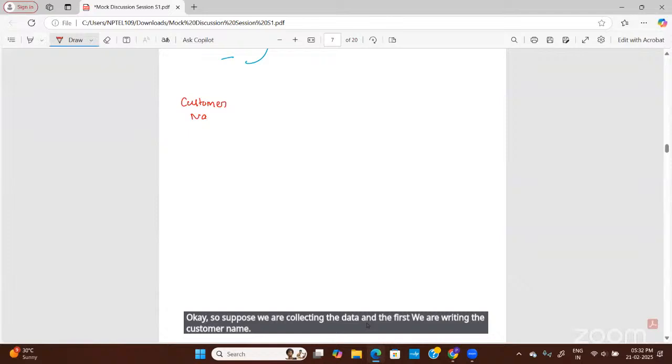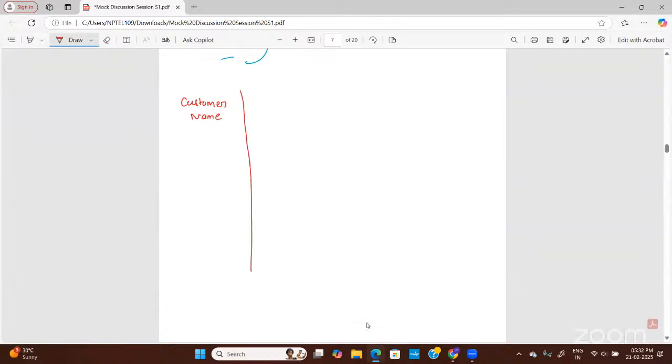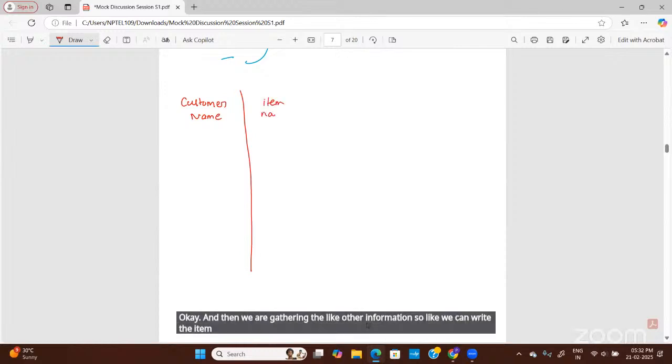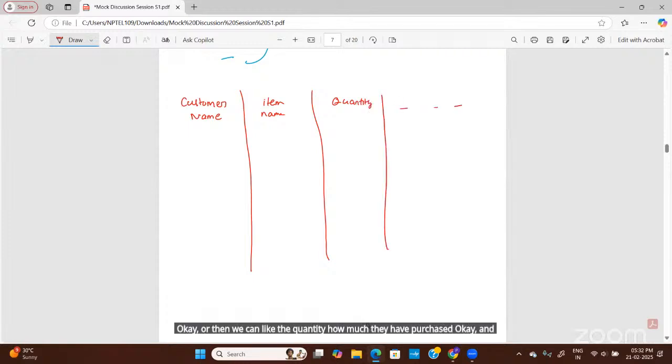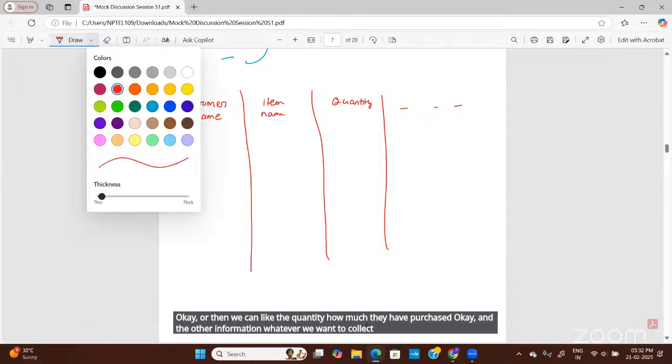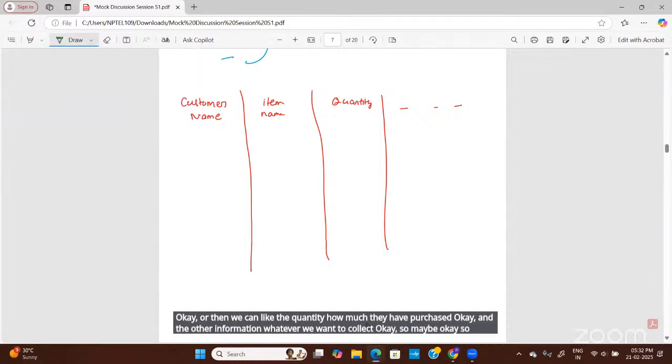Then we gather other information, like we can write the item name, then the quantity, how much they have purchased, and other information whatever we want to collect. So we are collecting data for 10 different customers that have visited our shop.